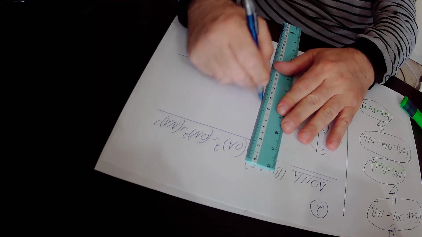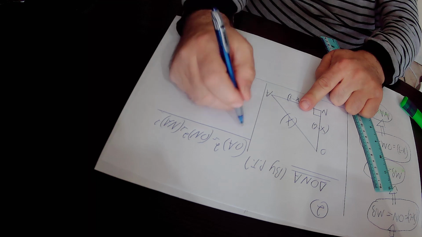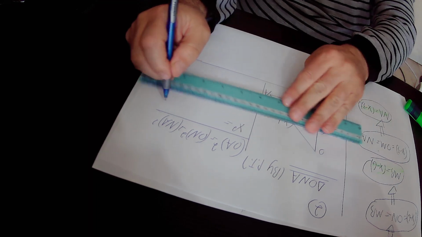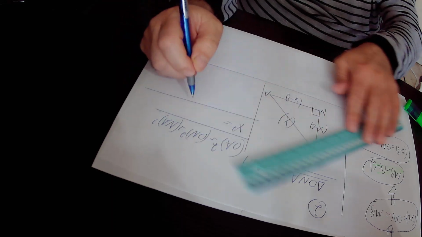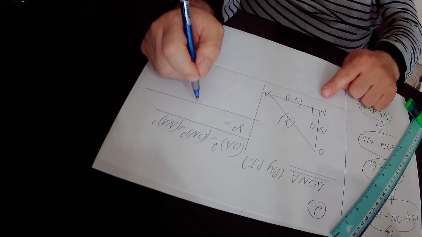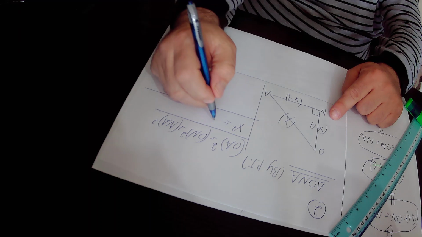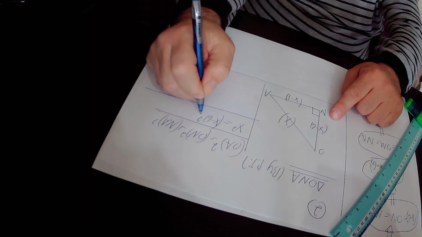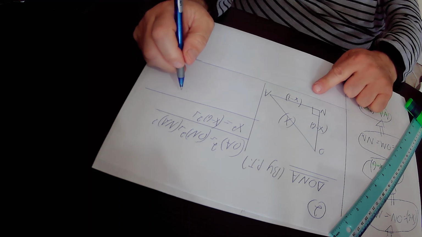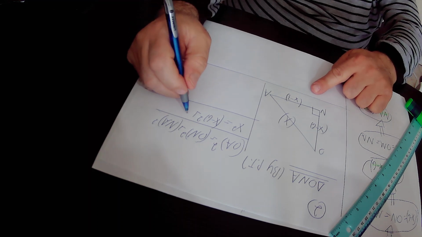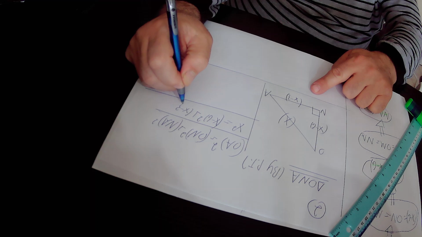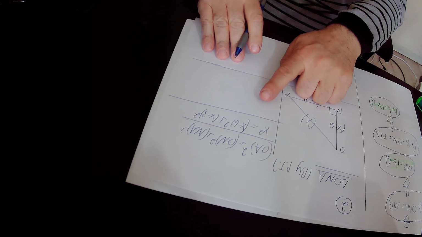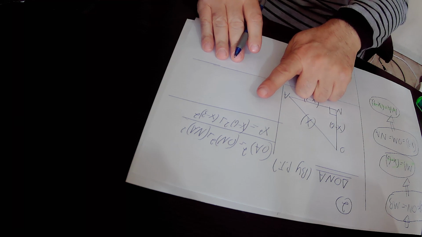OA is x, therefore OA squared is x squared, and it must be equal to ON squared. ON is x minus 6, therefore ON squared is x minus 6 squared, plus NA squared. NA is x minus 3, therefore NA squared is x minus 3 squared. So in conclusion, we found out that x squared equals x minus 6 squared plus x minus 3 squared.